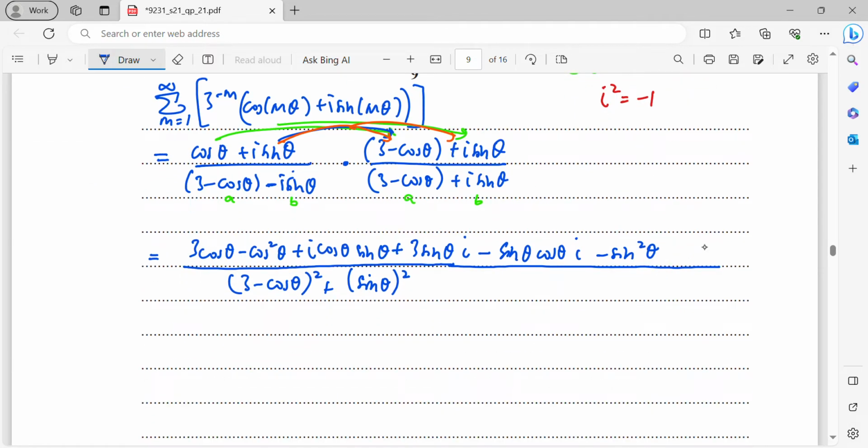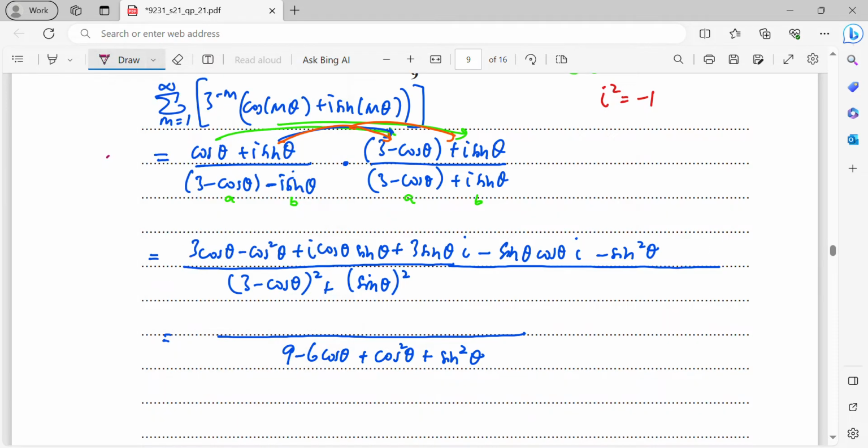Okay, so now simplify all the terms. Now for the denominator, expand using quadratic expansion. It will be 9 minus 6 cos theta plus cos squared theta. And then the second term will be sine squared theta. So for the numerator, alright, I will group all the real and imaginary parts.